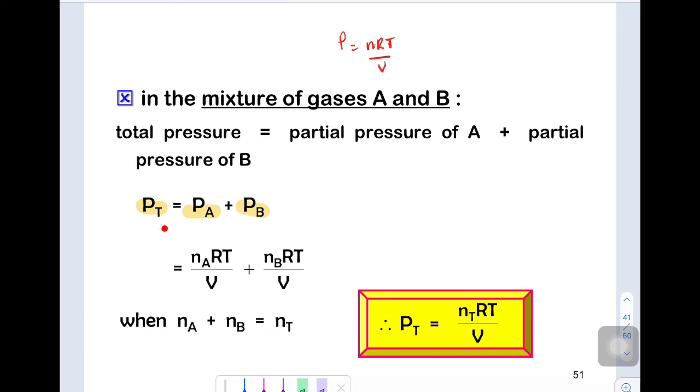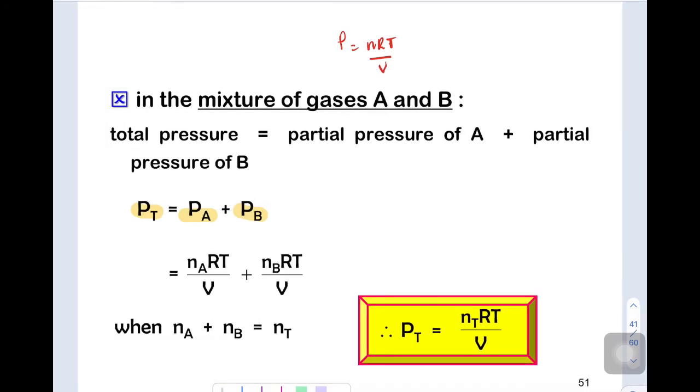So if we want to calculate P total, we can either calculate it one by one, nART over V plus nBRT over V, or, if we have the sum of the number of moles of the gases, we can simply use P total equal to N total RT over V. This is if we want to calculate the total pressure in the container.